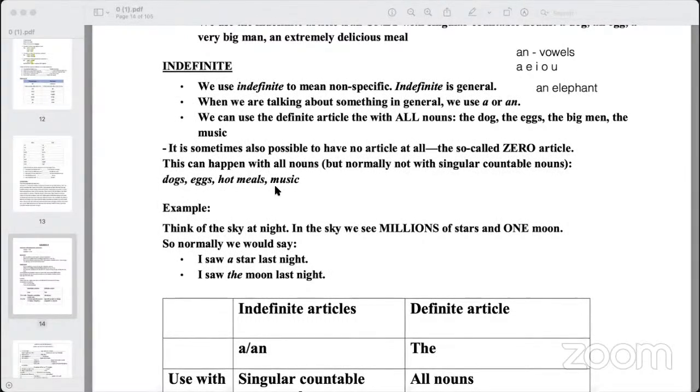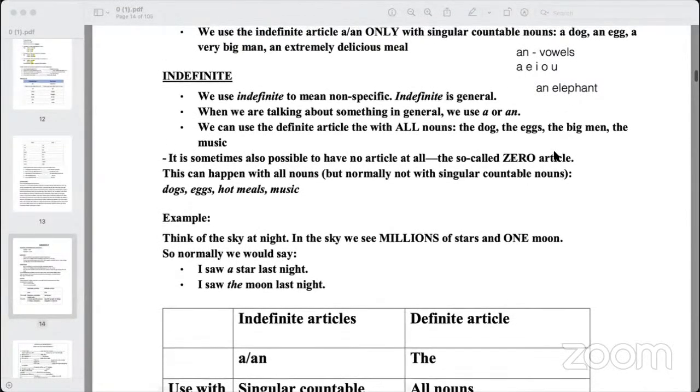Eggs, more than one. Hot meals, also more than one, because they end in S. Music, you won't say musics. Music is just general. So anything that is more than one, that is not countable, you won't be using any articles for those ones, also known as zero articles.